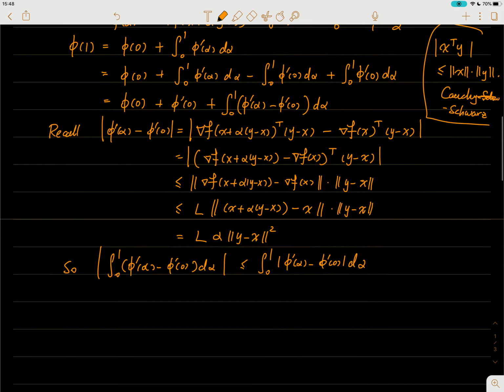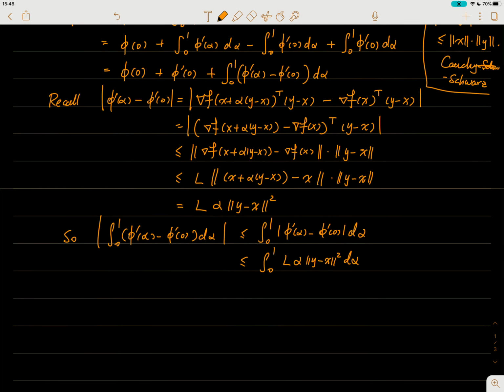And according to our derivation here, the integrand is bounded by that. So this is less than or equal to the integral from 0 to 1 of L alpha norm of y minus x squared d alpha. But you remember that L is a constant, and norm of y minus x squared is also independent of alpha, so I can pull them out.